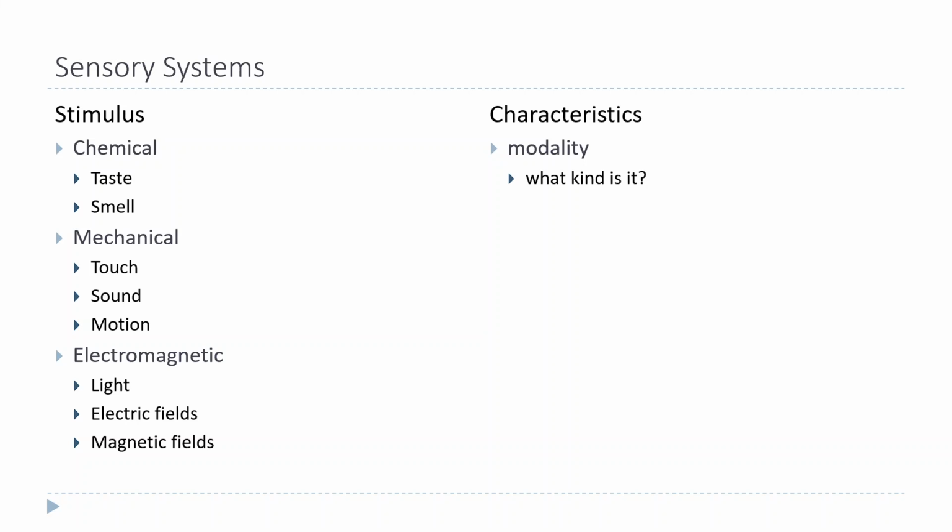Now, the modality, again, is determined by the type of receptor, and most receptors are only tuned to detect one type of sensory stimulus. So, for example, the light receptors in your retina are only really geared toward detecting light, but they can be activated in other ways.